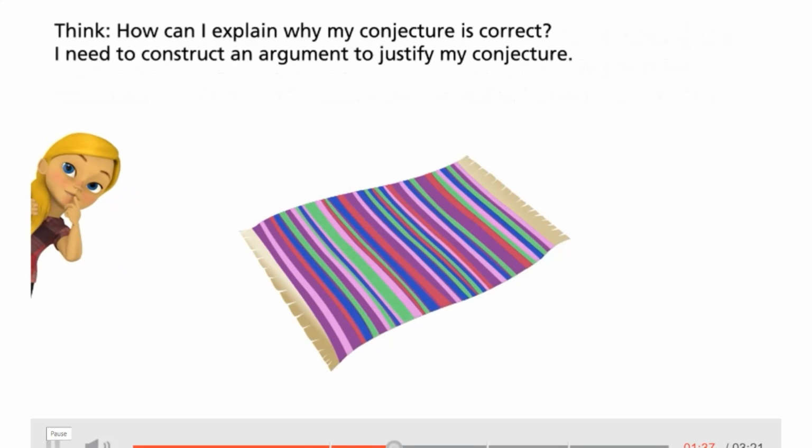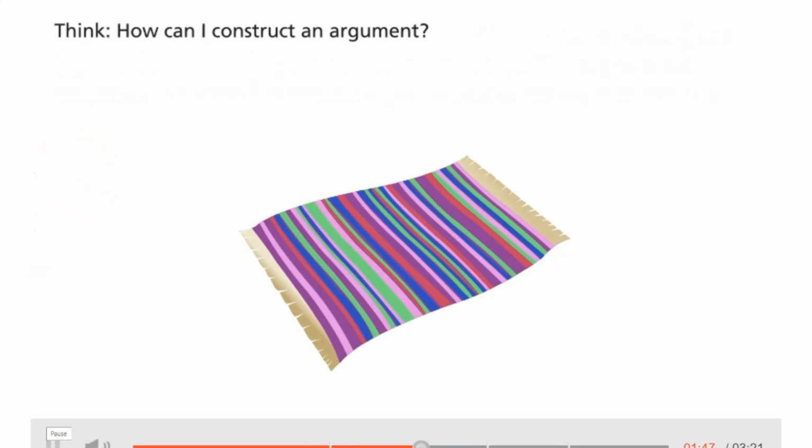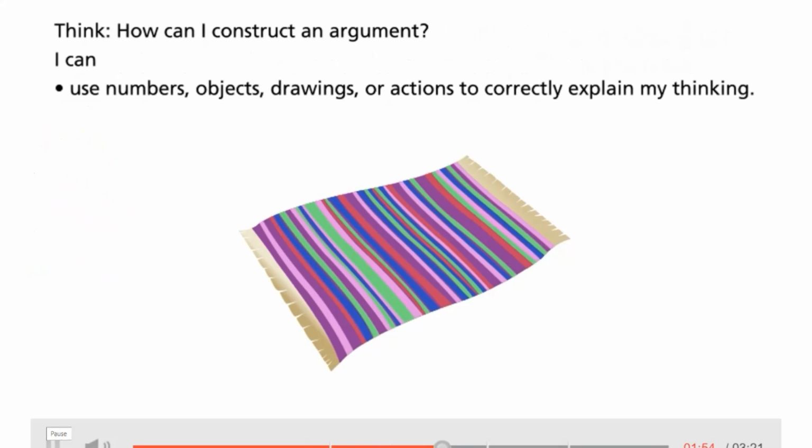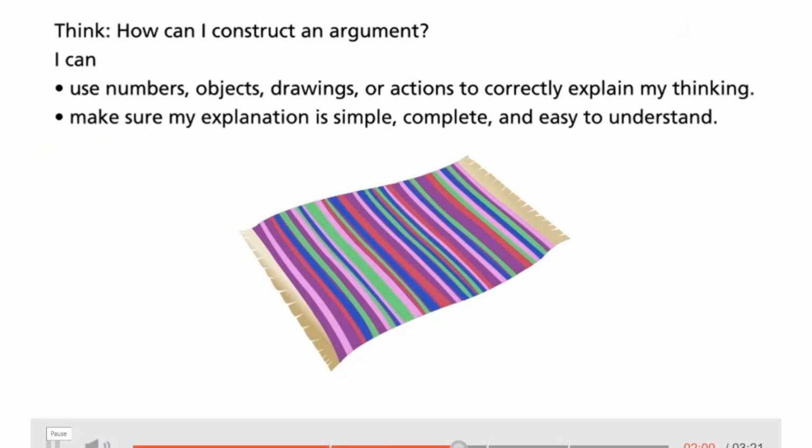Think, how can I explain why my conjecture is correct? I need to construct an argument to justify my conjecture. Think, how can I construct an argument? I can use numbers, objects, drawings, or actions to correctly explain my thinking. Make sure my explanation is simple, complete, and easy to understand.